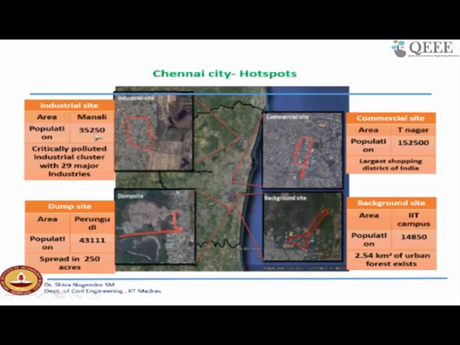Manali has a population of about 35,000, a commercial site has a population of 1,52,000, and at the Perungudi dump site there is an adjacent residential area with a population close to 40,000. We also compared the air quality within our campus, which has a population of about 15,000.